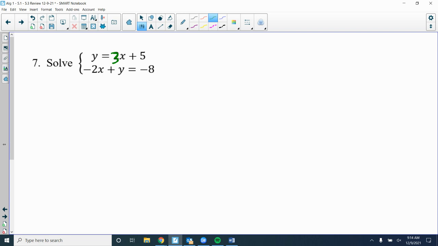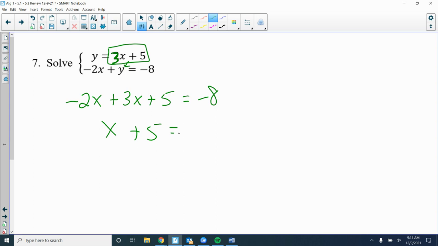Substitution, guys. I agree 100%. Guys, take this 3x plus 5, put it right there in my second equation. Okay, my y's are gone right now. And there we go. What's negative 2 plus 3? Guys, look how easy that is. And then minus 5 from both sides.